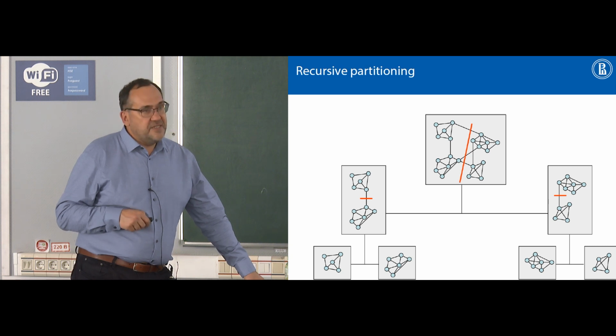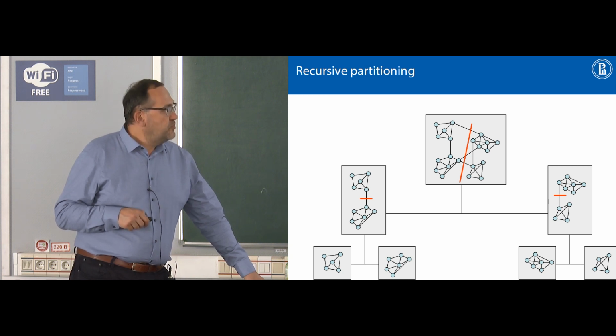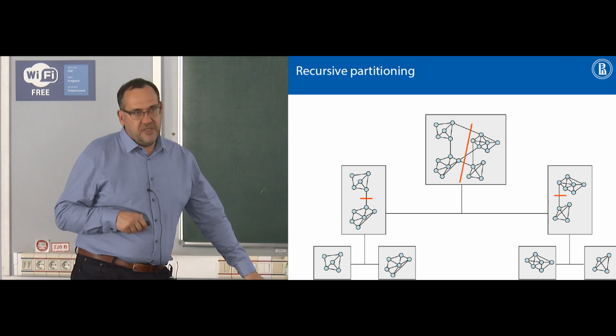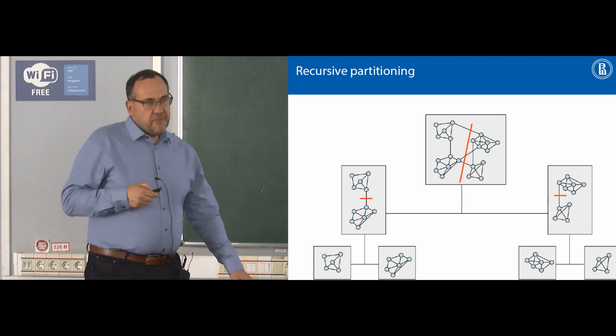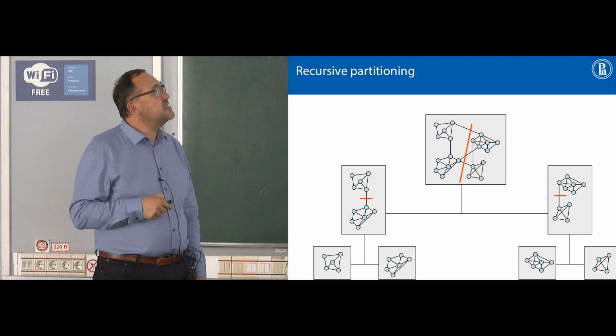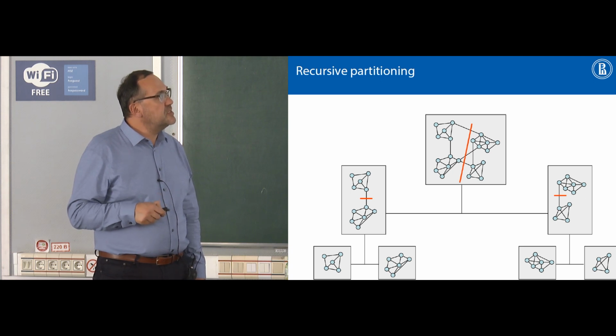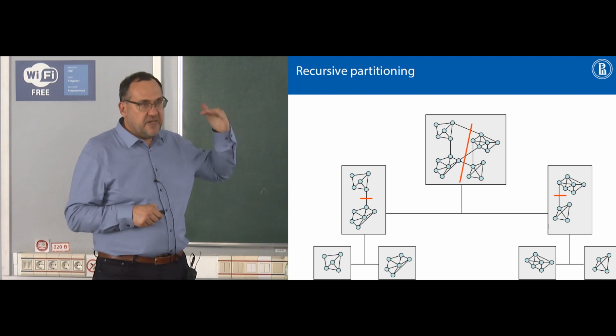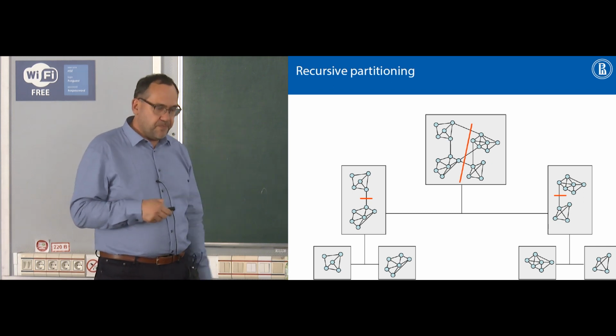And you keep doing it until you reach dense groups of nodes. And then those will be communities. Okay? So, either way is doable. In practice, people more often use recursive partitioning, where you divide it every time into 2. Okay?